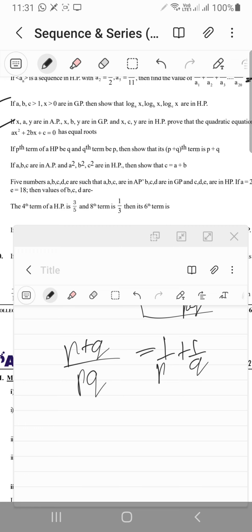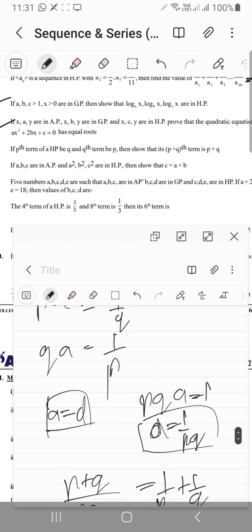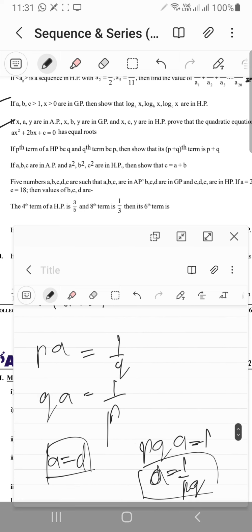Wait, no, it's not that. Okay, P plus Q. Something's not right about this. PQ equal to, I don't get it. The P plus Qth term is P plus Q? No, how could that be?